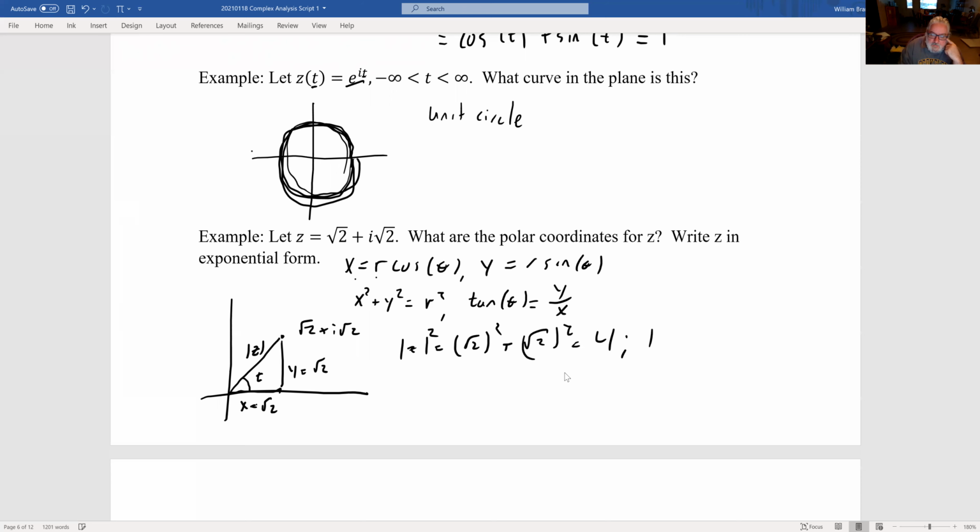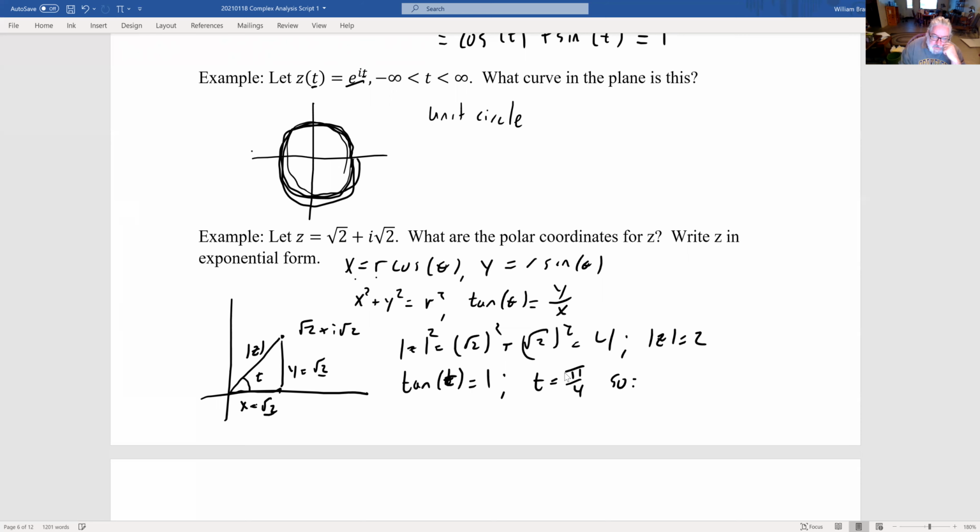So modulus of z equals 2. That's my r. What is my sine and cosine? Well, the y and the x are the same, so tangent t equals 1. So t is pi over 4.